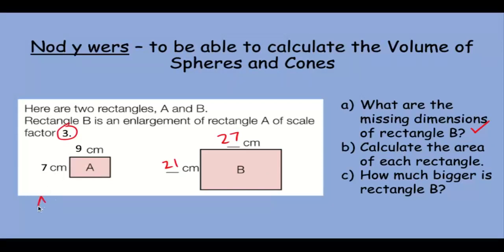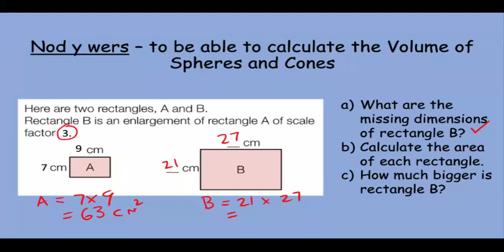So our area of A is 7 times 9, which is 63 centimeters squared. And then our area of B is 21 times 27, which I can't do off the top of my head, but luckily it's a calculator lesson.